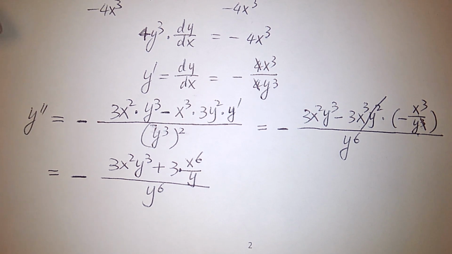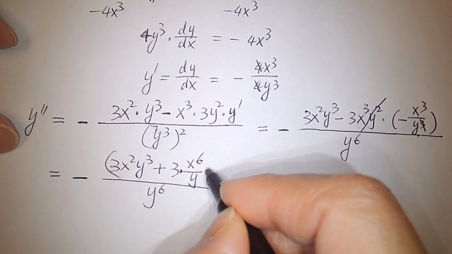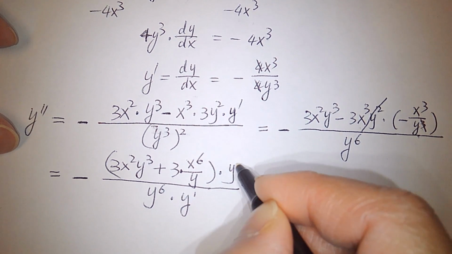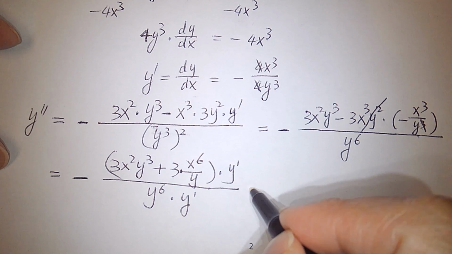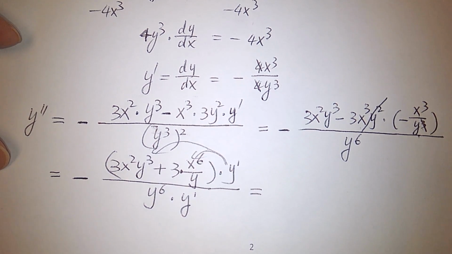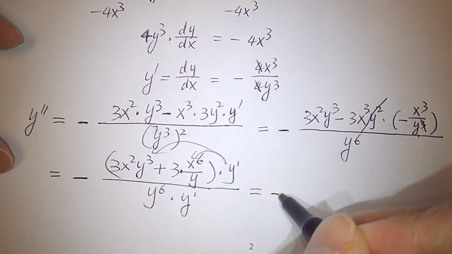So, but we're almost done, right? But see, there is a y here on the bottom. We don't like that. So how do we get rid of this y on the bottom? We multiply y to both top and bottom. Okay, and we distribute this y to each term. Okay, see what do we have?